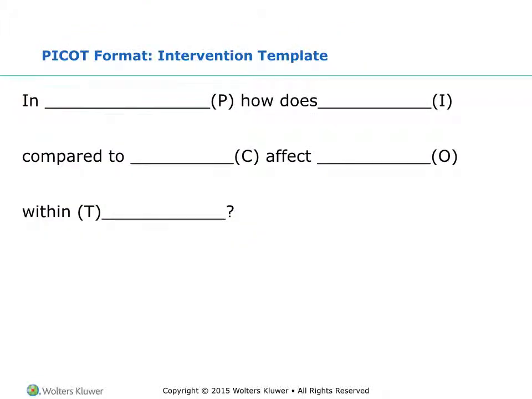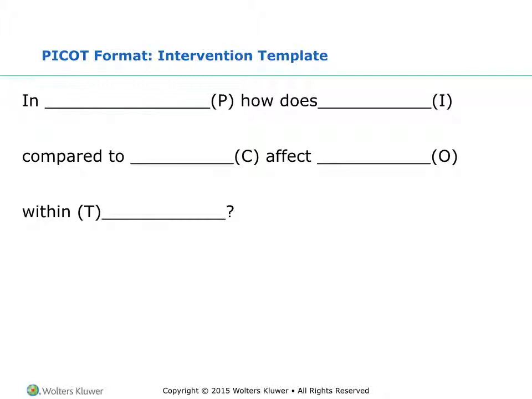If you had a question that involved an intervention, you would use this intervention template. So again, in blank, your population, how does blank compared to blank affect blank within blank? So can you think of a question to fill in those blanks? How about this?